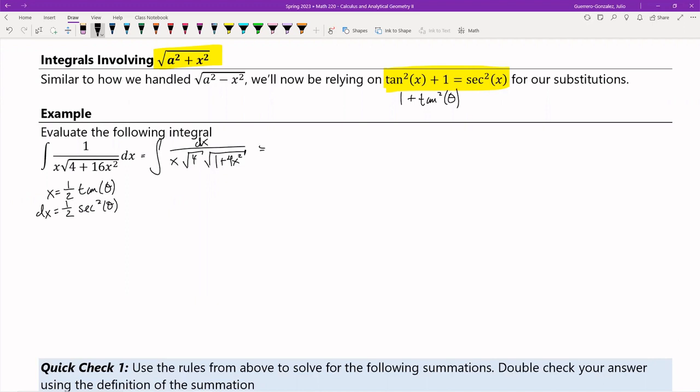So let's start substituting stuff in. It's going to be the integral. The square root of 4, let me do that first.